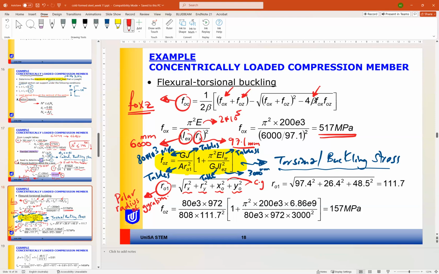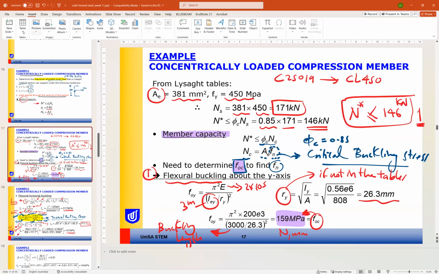So for this section, the value of RO1 is 111.7 millimeter. So this means that everything now is ready to find FOZ, the torsional buckling stress, which is 157 MPa. So we can add one slide here.